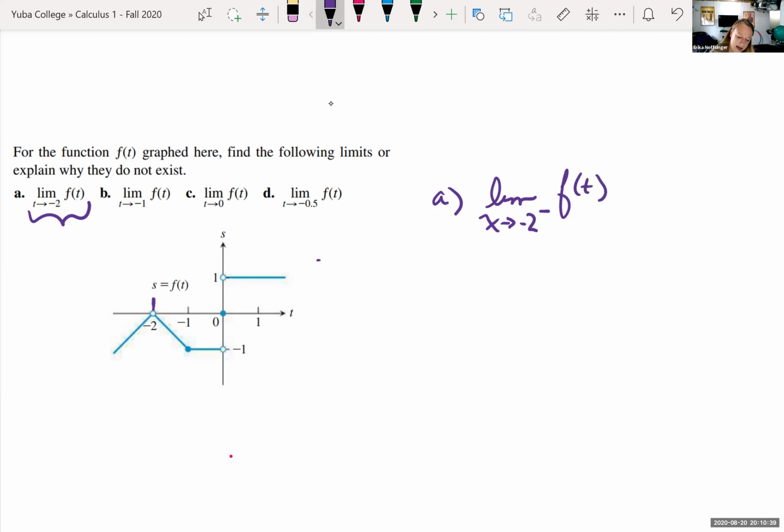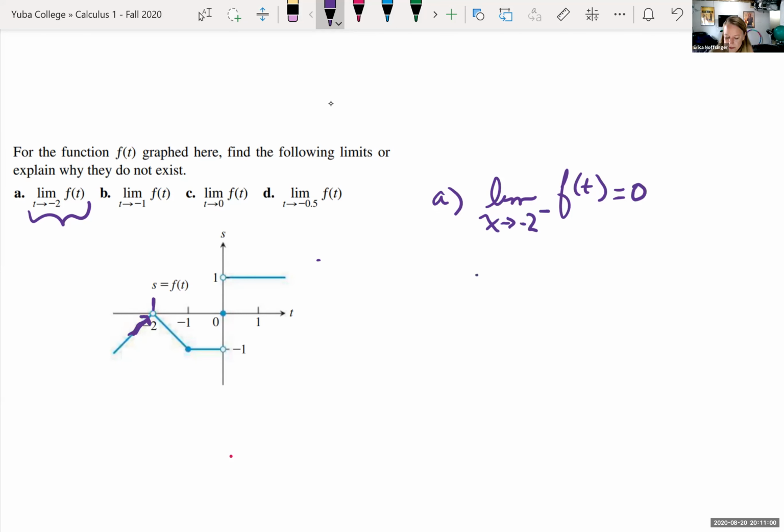Notice as we come in on the left, even though it's an open circle there, meaning it is not actually a point on the graph, it's getting closer and closer to the y value of 0. And so the limit, as we approach -2 on the left-hand side, would go to 0.